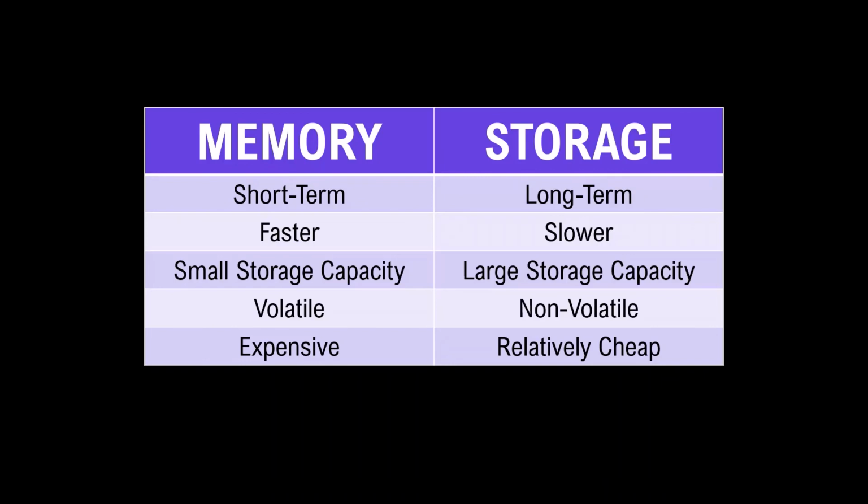But if you didn't use memory, you would have very long access speeds and very long waiting times, and it just wouldn't be very efficient. So you need to use both, so you can get long-term, large-capacity storage, which is non-volatile, but you can also, for certain actions and applications, use the short-term, faster storage of data.